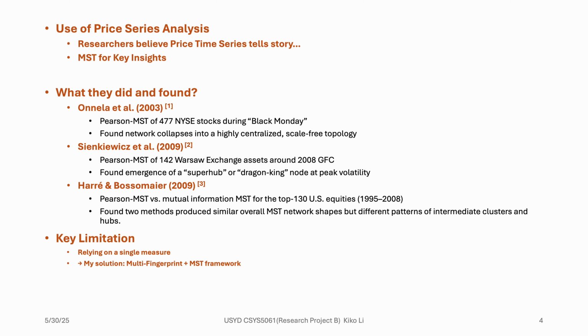The key limitation across those studies is that they rely on a single similarity measure. In this project, we overcome this by combining multi-time series fingerprints with minimal spanning tree analysis, giving a richer multi-dimensional view of market structure dynamical analysis.